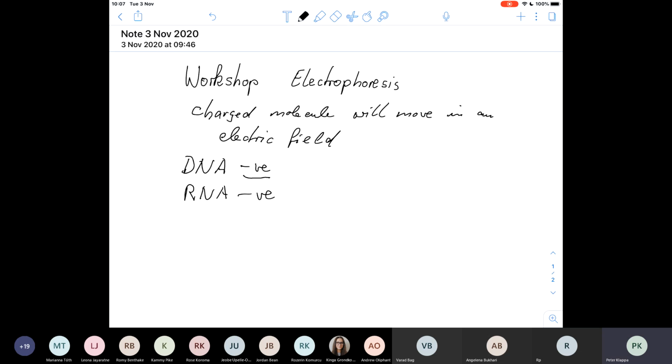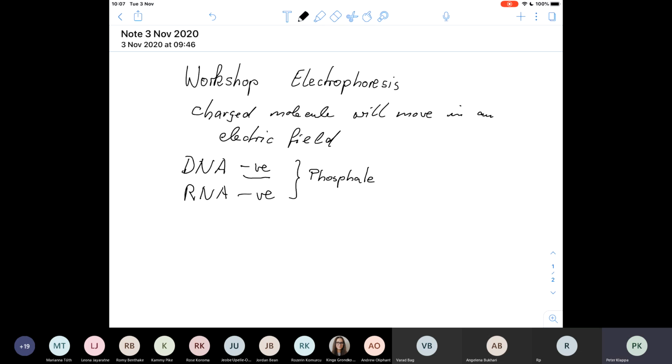Why? What group gives it a negative charge, RNA? It's the phosphate group. Absolutely right. So these are negatively charged basically at all times because of the phosphate group.